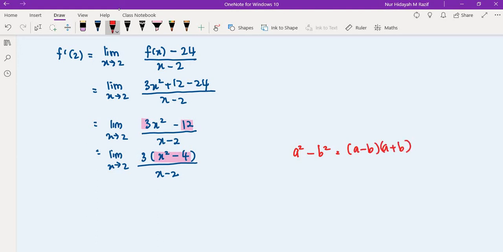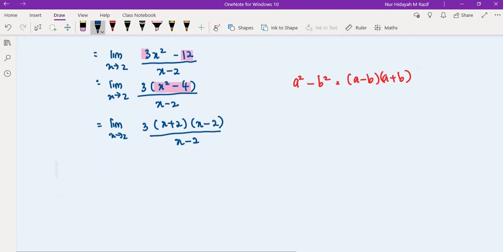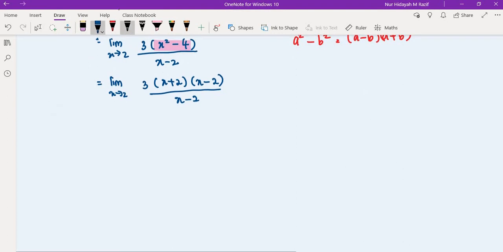So I can rewrite that as the limit of 3 times x plus 2 times x minus 2, divided by x minus 2, as x approaches 2. You can see we can simplify this, and the x minus 2 factors cancel to become 1. Then we are going to have the limit of 3 times x plus 2, as x approaches 2. Now we are going to substitute the value x is equal to 2.